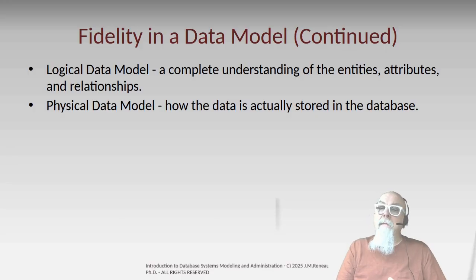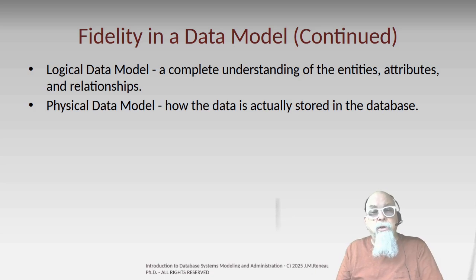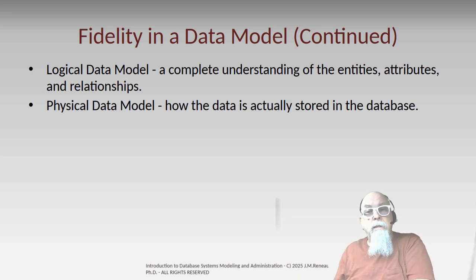Then the physical data model is how the data is actually stored in our database system. It again adds additional detail for data types, keys, indexes, and lots of additional stuff that we'll get into later in this book.